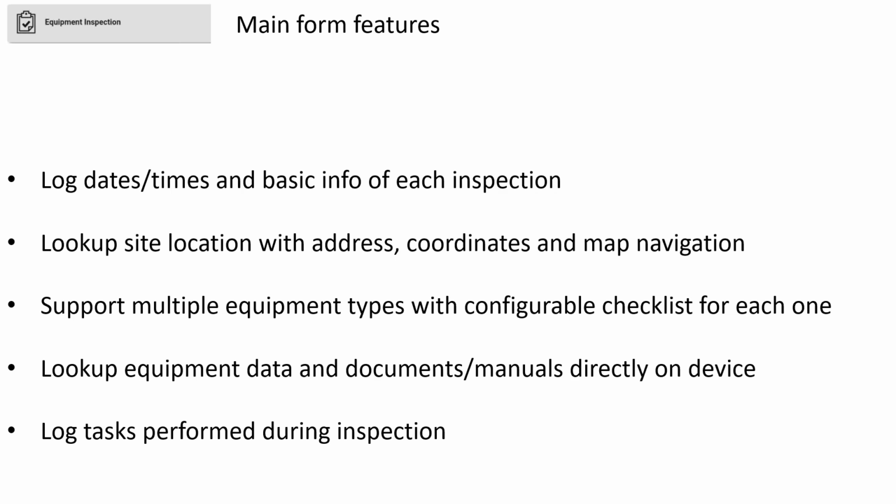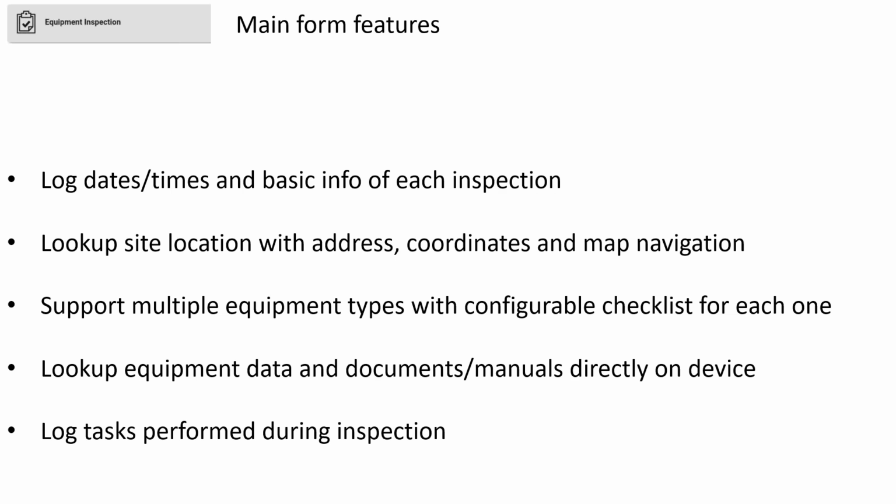So an organization may be inspecting only boilers in the boiler minder example that Dave has presented in previous sessions. But you also might have an organization which might need to inspect multiple different types of equipment within the same site, and each of them with a different checklist. So we'll need to be able to support that as well.